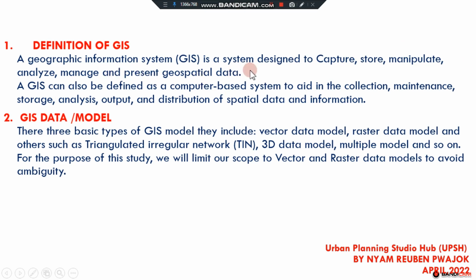and present geospatial data. Now, geospatial data simply refers to all the features on the Earth's surface, whether natural or anthropogenic. Natural in the sense that we have features like the mountain outcrops, the river bodies, the vegetation cover, the water bodies. These are all natural features and they are geographically located, so that's why we call them geospatial data.